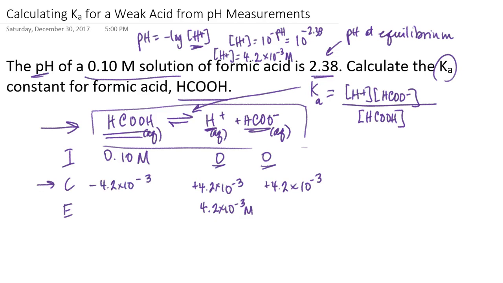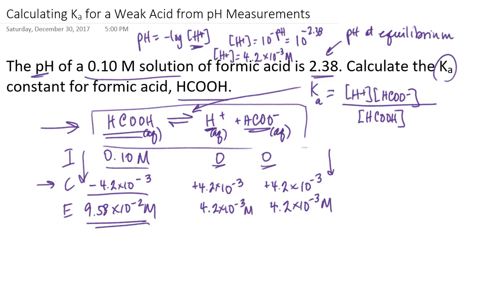And so I'm going to add vertically for my remaining two columns in my ice table, and that means my equilibrium concentration of my formate ion is also 4.2 times 10 to the negative third molar. And if I subtract 4.2 times 10 to the negative third from 0.1 molar, I get 9.58 times 10 to the negative 2 molar in my formic acid concentration at equilibrium.